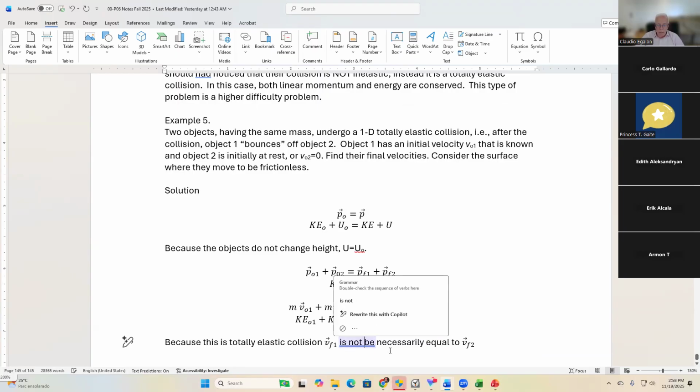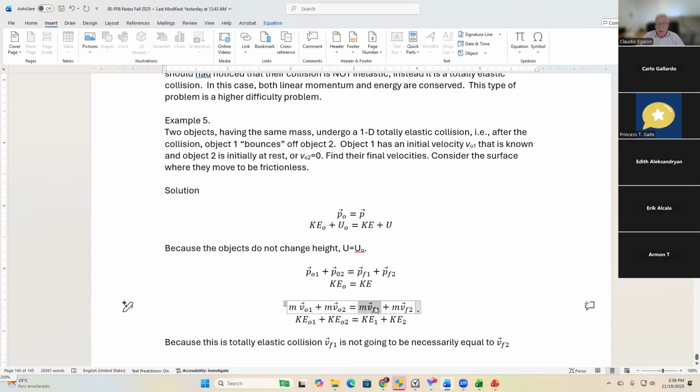That's what introduces a difficulty in the problem. In the totally inelastic collision, this velocity is equal to this other velocity, which makes the problem simpler to solve. But not in the case of a totally elastic collision.